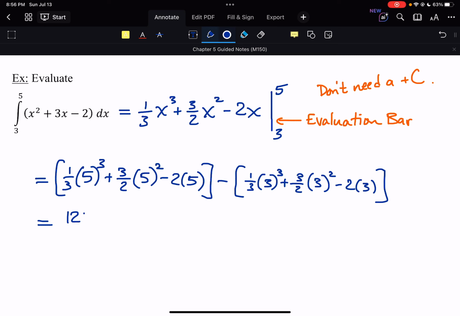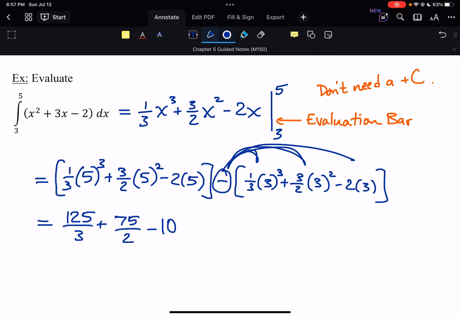So we get 125 over 3 plus 75 over 2 minus 10. This negative will distribute to every value of the function. So we get minus 9 minus 27 over 2. And then this would have been negative 6, but it becomes plus 6.